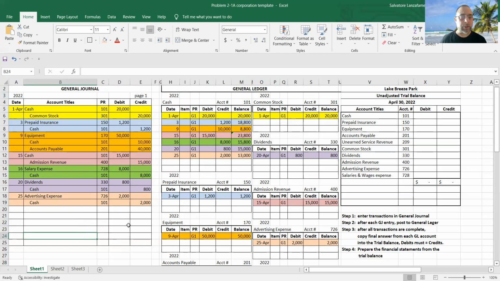Let's say the next transaction involves a customer giving us money in advance for using the park. So in other words, you know how sometimes companies might get information from local amusement parks saying, hey, if you can get your employees to go for a cheaper price. So let's say our amusement park sold some of these tickets, right?